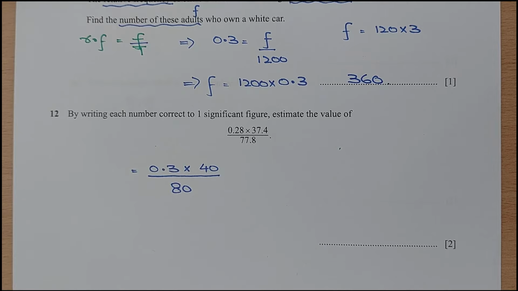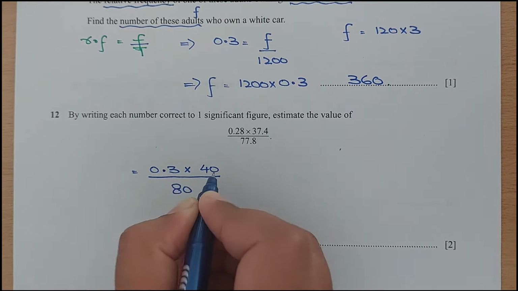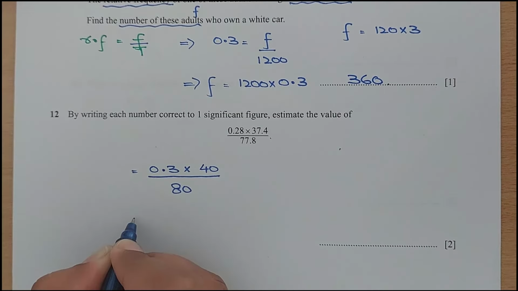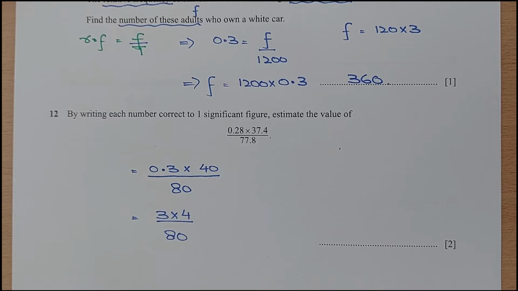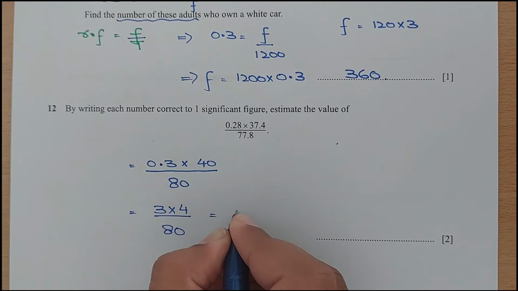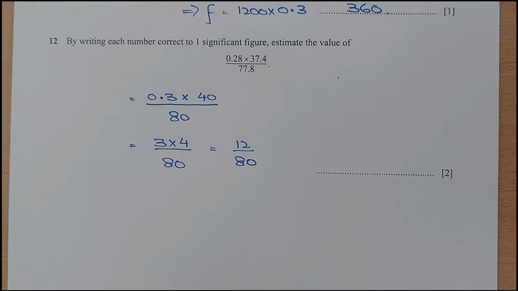Right. For the next step, we move this decimal point 1 unit to the right and cancel the 0. So that is 3 times 4 over 80. 3 times 4 is 12, divided by 80. So we need to simplify 12 divided by 80.